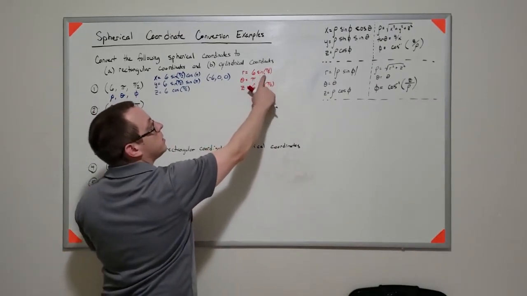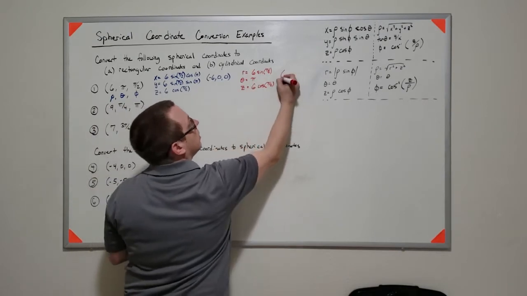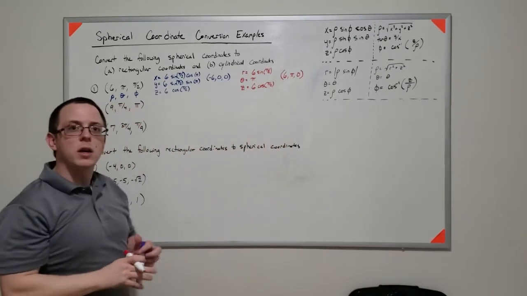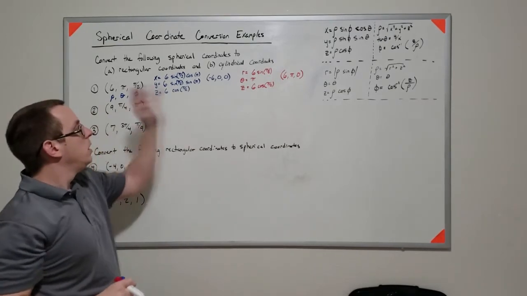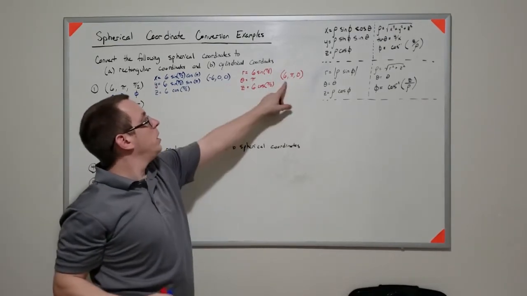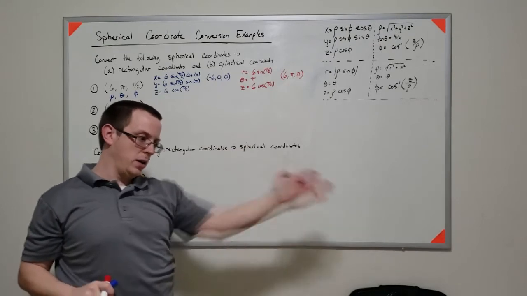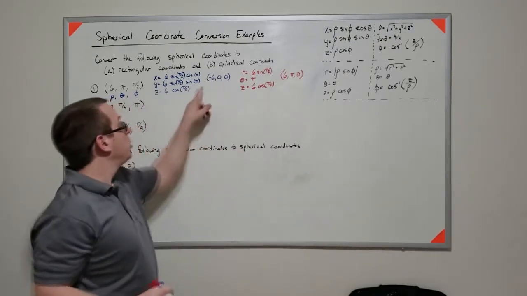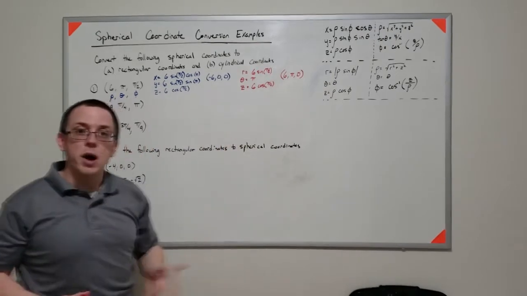So that's 6, pi, 0, which again we tend to agree with, because there should be 0 for the z coordinate, and this has a magnitude of 6, but it's in the opposite of the positive direction. So these coordinates are describing the same place.